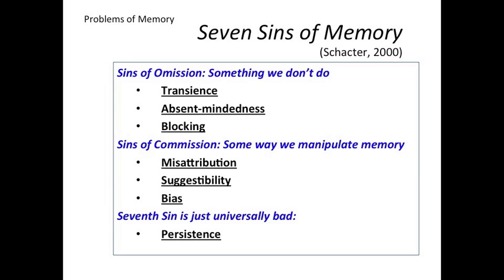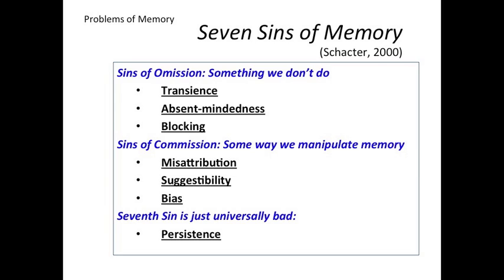The next three are sins of commission, the ways that we actively manipulate memory and the problems that arise because of this active manipulation. So 4, 5, and 6 are misattribution, suggestibility, and bias. And then finally, the seventh sin, according to Daniel Schachter, is persistence, and it is universally bad.